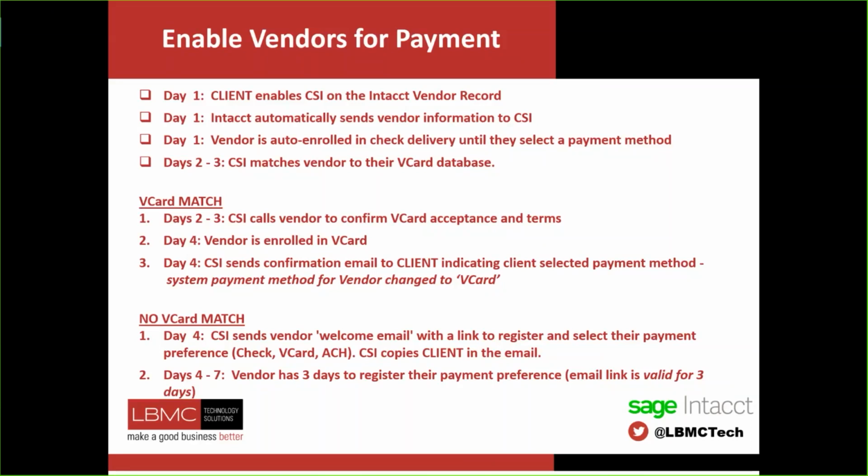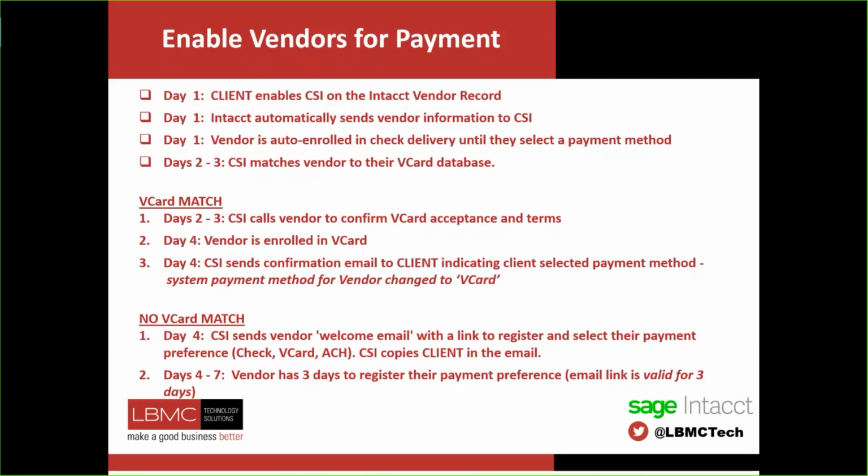They have a massive database of all the vendors that are taking virtual cards. So somebody like Verizon or AT&T, a lot of us are paying one of those vendors, so chances are they're already in CSI's database.